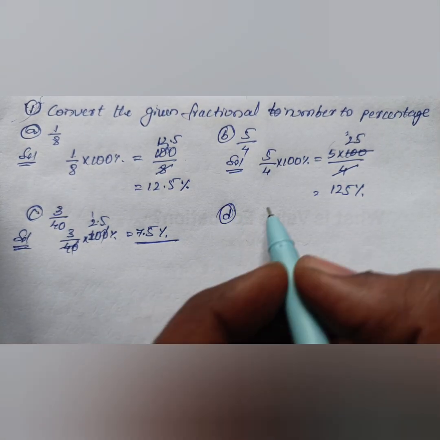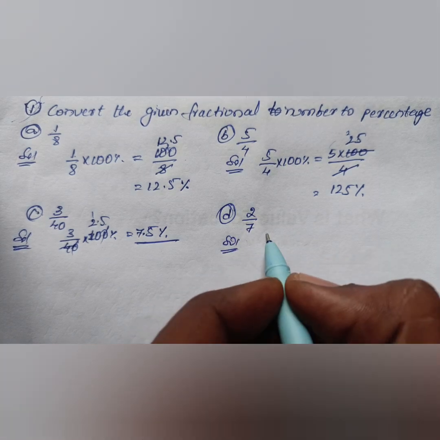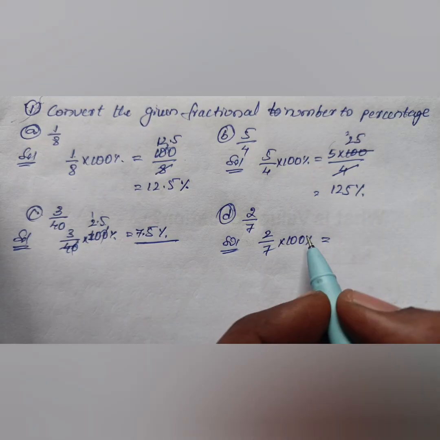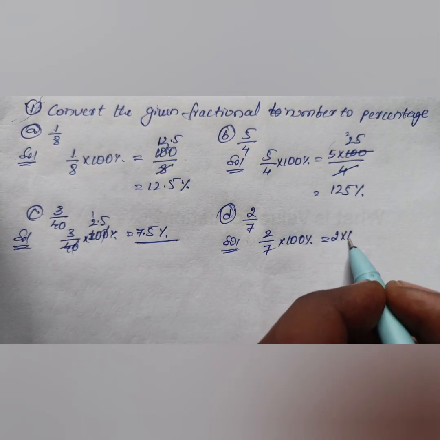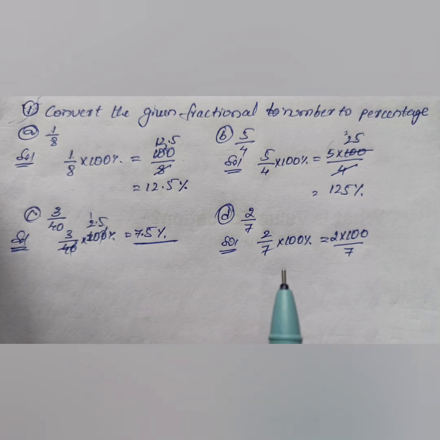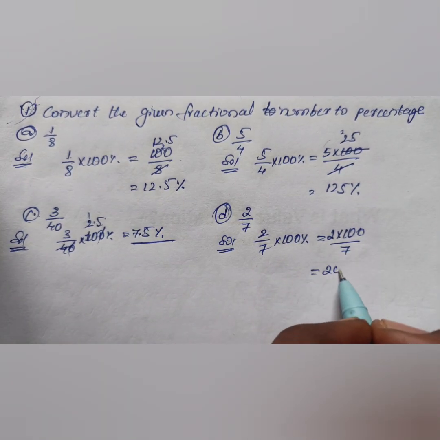Let's solve D1. 2 by 7. Solution is equal to 2 by 7 into 100 percent. That is equal to 2 into 100 by 7. So when we calculate this, 2 into 100 is 200 by 7.